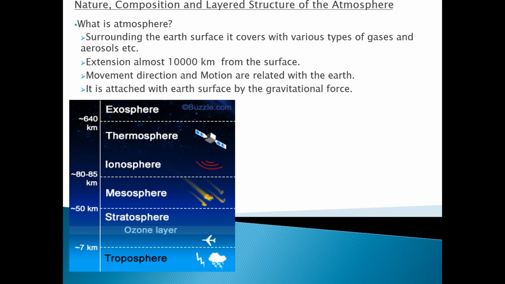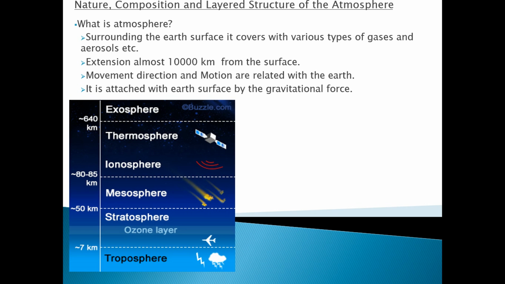The atmosphere is a layer that extends from the earth's surface to almost 10,000 kilometers, attached to the earth's surface by gravitational force and moving with it from west to east.